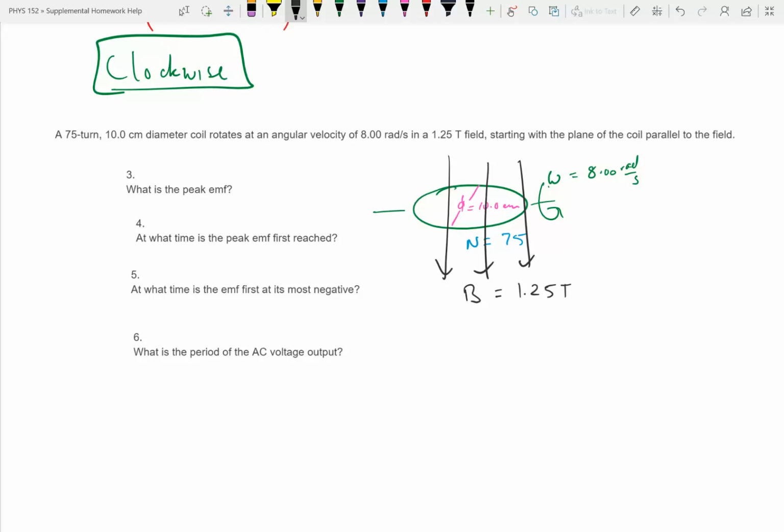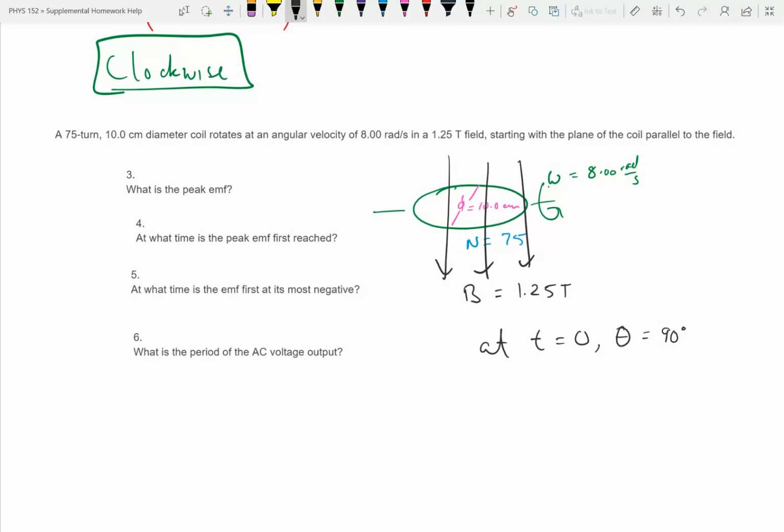Okay, so EMF equals the negative N times the change in flux over the change in time. Are we given time? No. So I need a different equation. I'll keep looking. Not the one. Yeah, this is a solenoid.